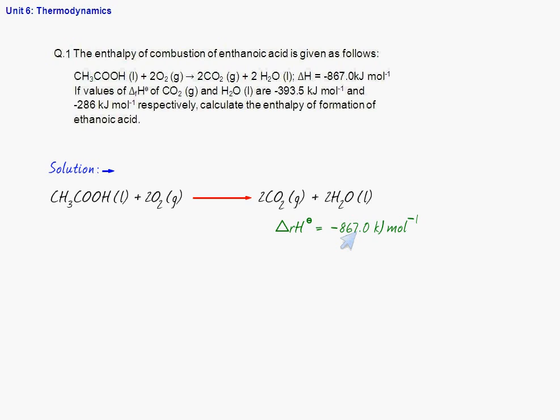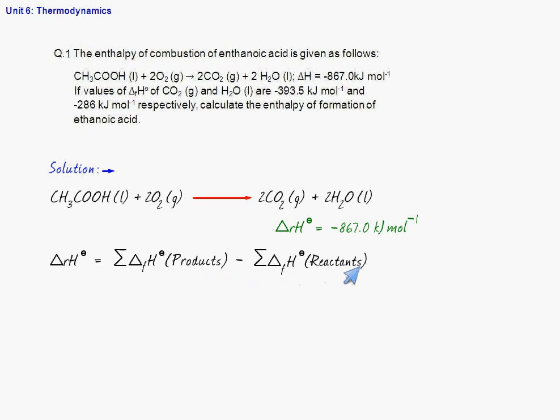So we already know the formula that delta rH naught is equal to summation of the standard enthalpy of formation of the products minus summation of the standard enthalpy of formation of reactants.